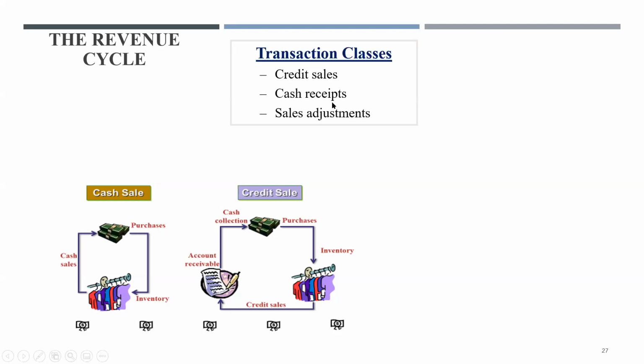So credit sales and cash sales are important for us. And also in the revenue cycle, in the sales cycle, there will be sales adjustments. What are the normal sales adjustments we usually have for businesses? Just recall what you learned from the Fundamental Financial Accounting 1 unit.